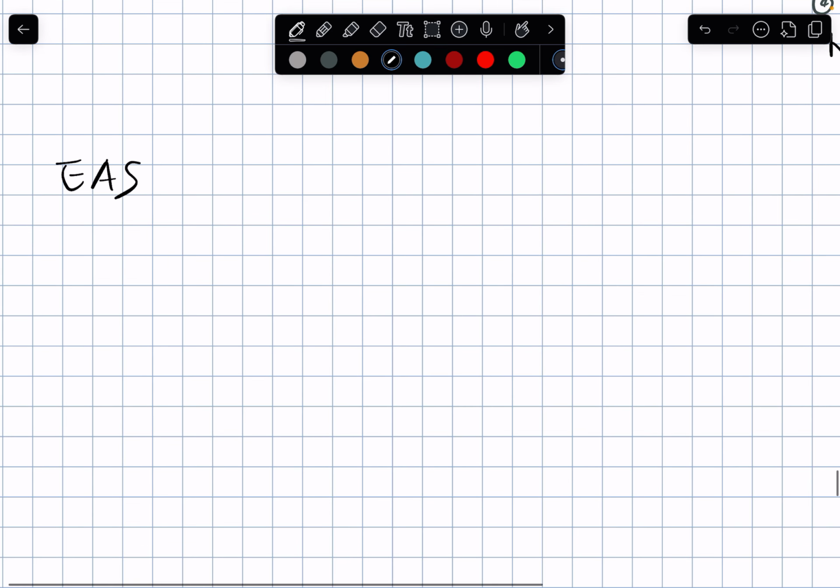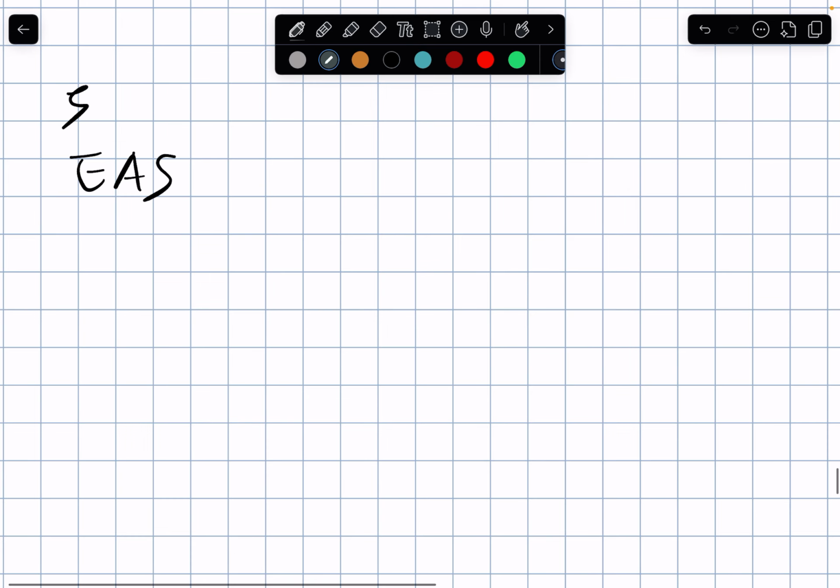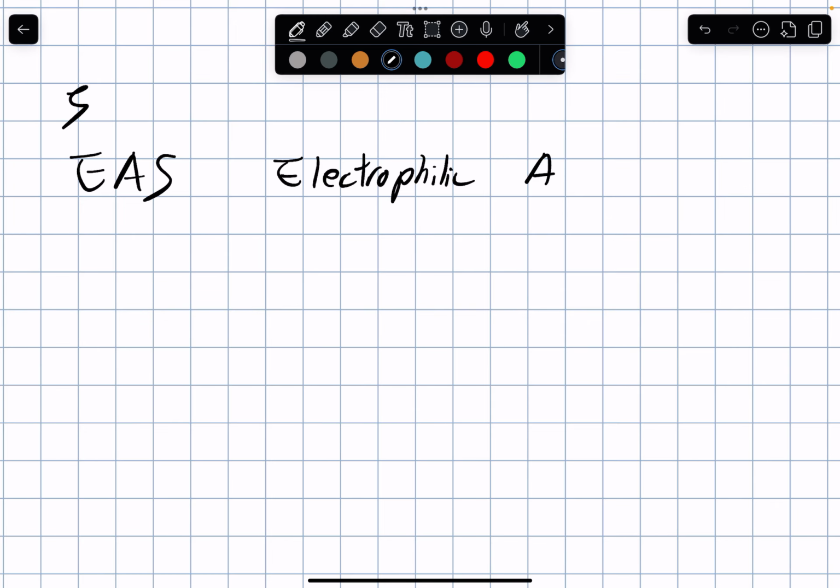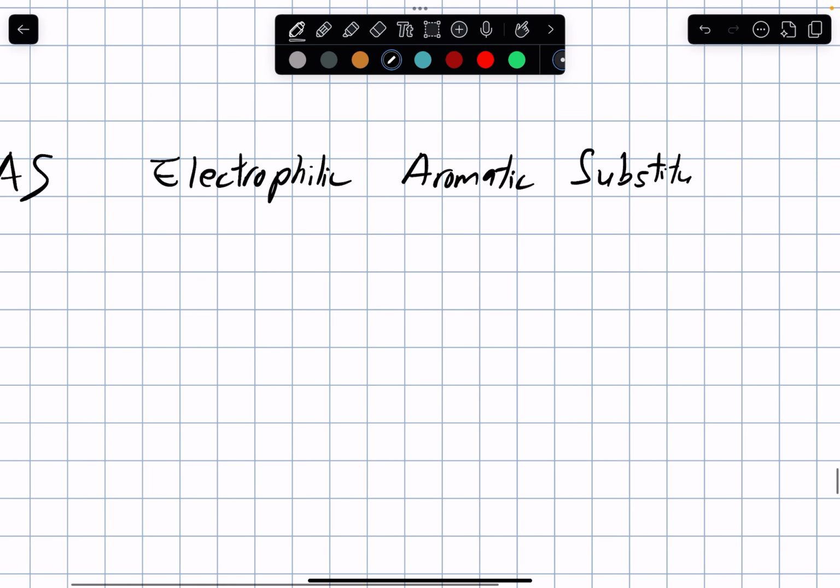So there are 5 electrophilic aromatic substitution reactions. Let's ask ourselves first, what do you mean by electrophilic aromatic substitution? So substitution, that is when we replace hydrogen with an electrophile, no?